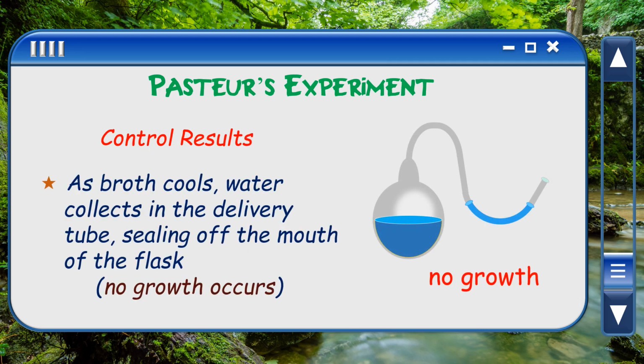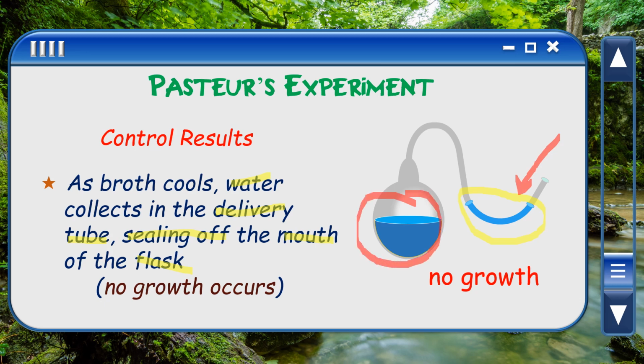Then, in a control experiment, the broth was cooled. When it was cooled, water collected in the delivery tube. And this water sealed off the mouth of the flask. By sealing off the mouth of the flask, no microorganism could pass into the broth.